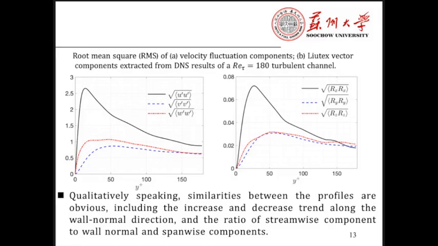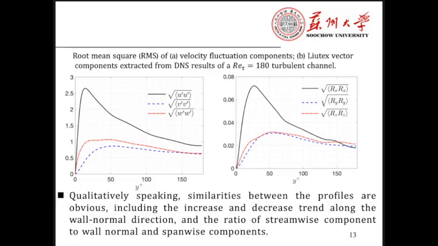So we first give the statistics of turbulence of a turbulent channel at Re tau equals 180. On the left are the velocity fluctuation components, u prime, v prime, and w prime, and their averaged squared statistics.